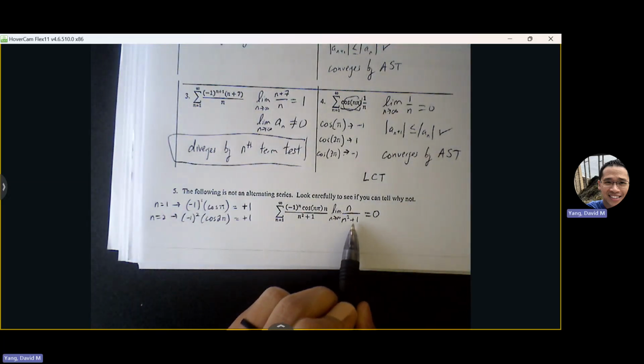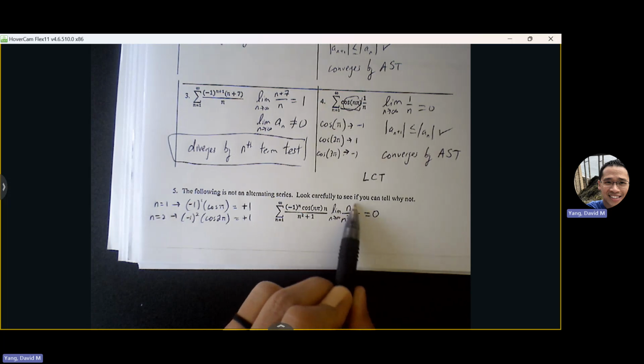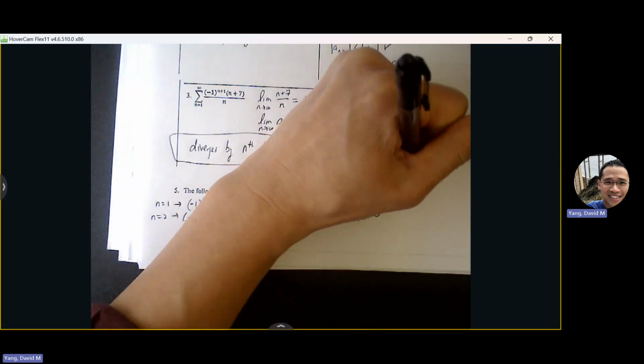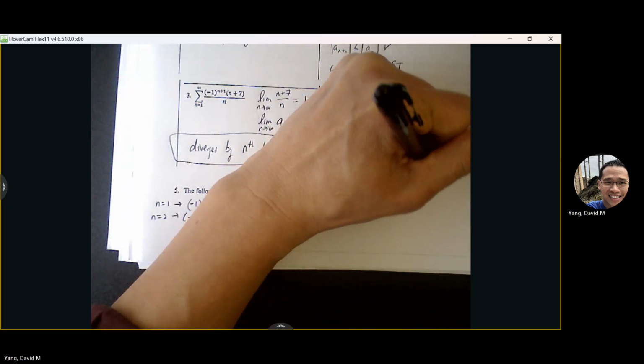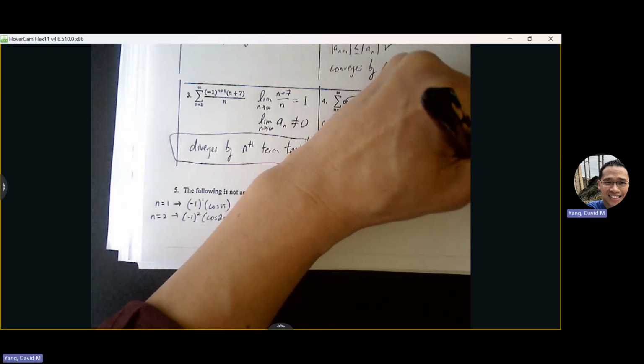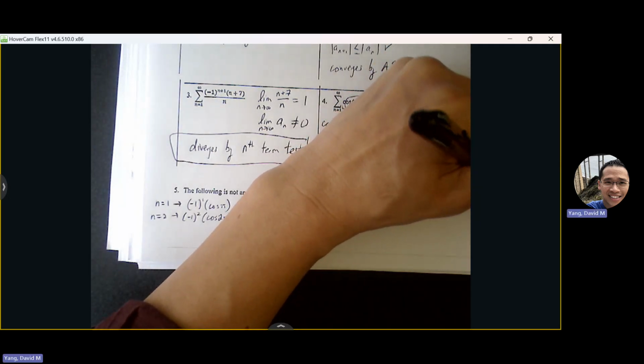What's a comparison partner that we can get out of this? 1 over n, right? If I strip away that +1 and just get n over n squared as reduced as possible, I get 1 over n. So I'm going to compare with 1 over n. Now we know that 1 over n diverges.